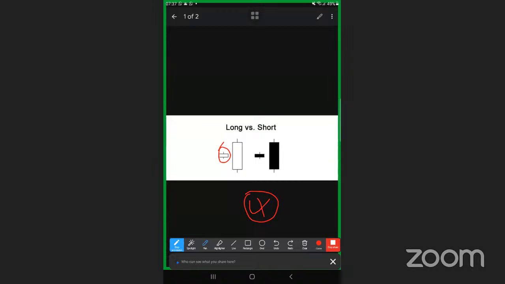Are you following, guys? I'm simply saying long bodies refer to strong pressure. But remember, this strong pressure can be for buyers, it can be for sellers.